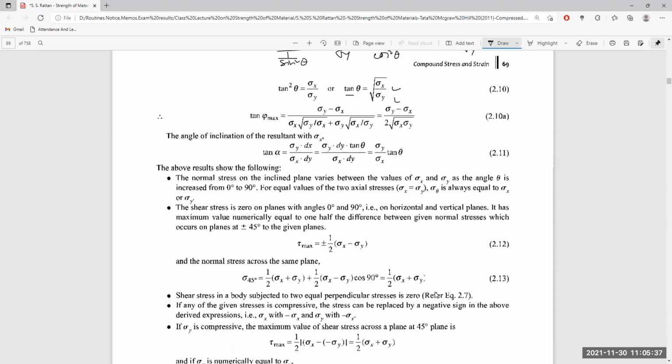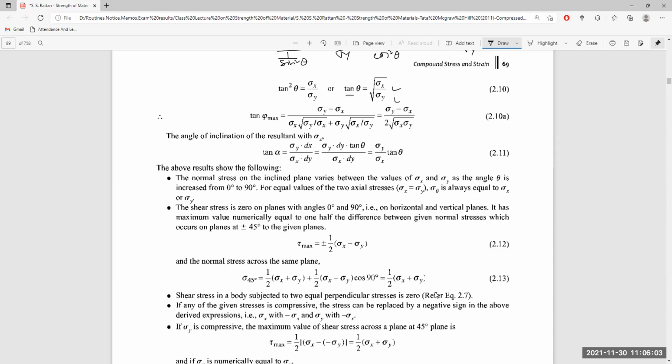For equal values, sigma theta is also equal to sigma x or sigma y itself. The shear stress is 0 on planes with angle theta of 0 and 90 degrees, when theta is equal to 0 degrees, meaning when this plane is horizontal to the line of action.